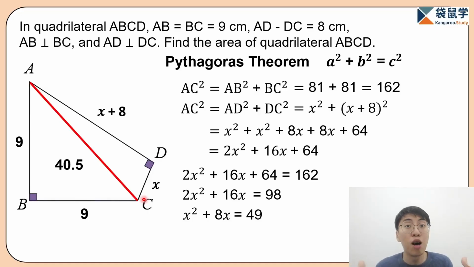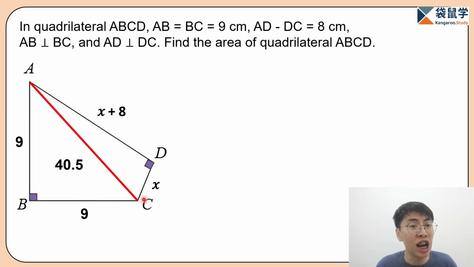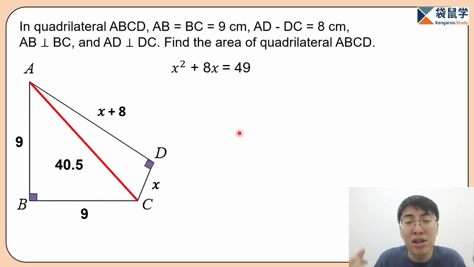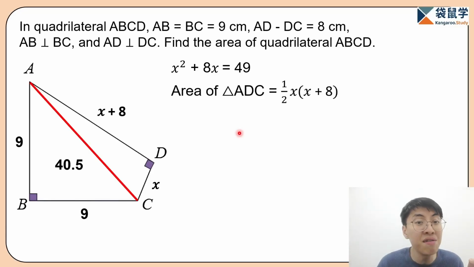What is the formula for a triangle's area? It is just going to be half times base times height, which is essentially x times (x plus 8) times a half of course. And with this already being there, let's try to see what we can represent the area as. This area is as such. And if we look carefully at it, what do we notice?